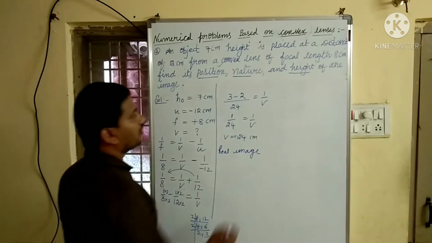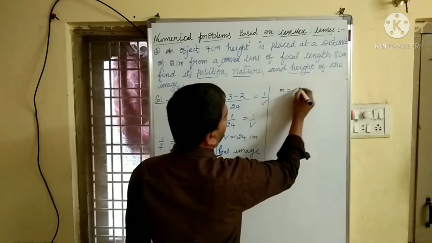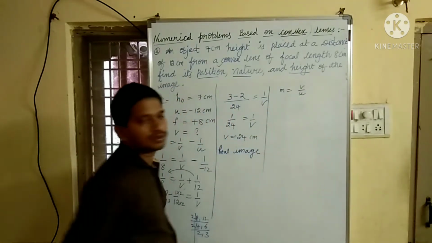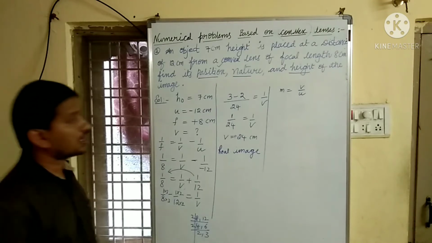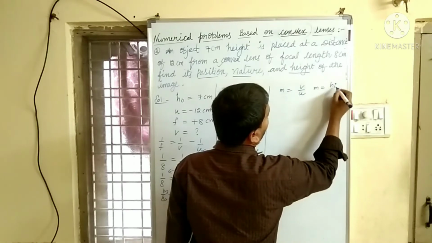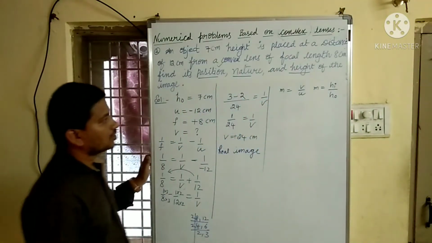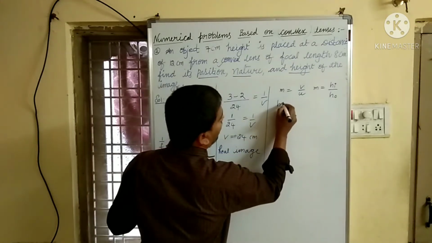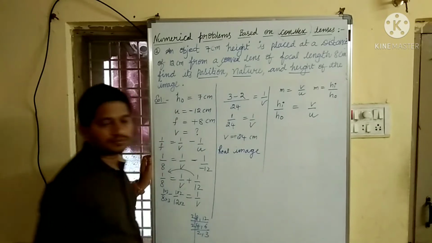For that we have the formula magnification m equal to v by u, and also m equal to height of the image to the height of the object. So we can write hi by ho equal to v by u.